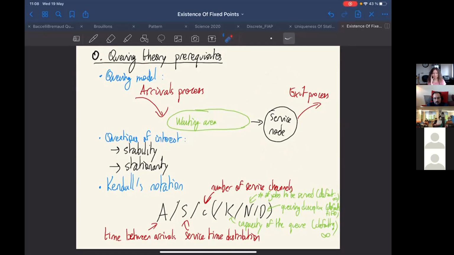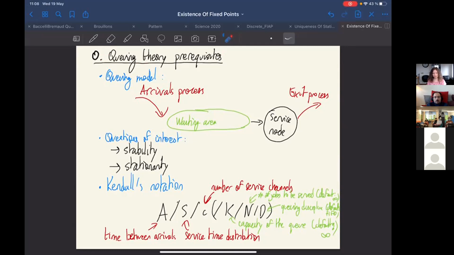Then there are 3 more parameters which are often omitted unless they differ from the default, because there's a default value for them, and unless specified it's always assumed to be the default value. There's the capacity of the queue, which by default is infinite. There's the number of jobs that have to be served, so whether the arrivals process stops after a certain time if this is not infinite, but by default it is.